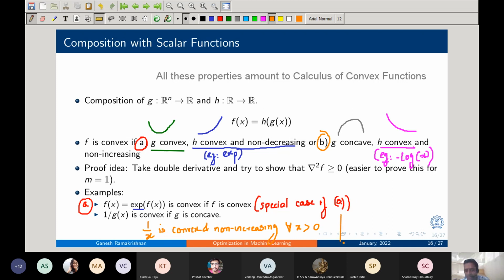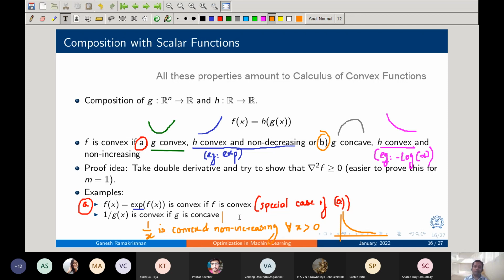So now you could think of the shape similar to log. Obviously, it's not really like log. As x tends to 0, it becomes infinity, and as x tends to infinity, it becomes 0. So it's like this. And therefore, if G is concave, and a good point which has been missed out, which is important, is that G should be non-negative.